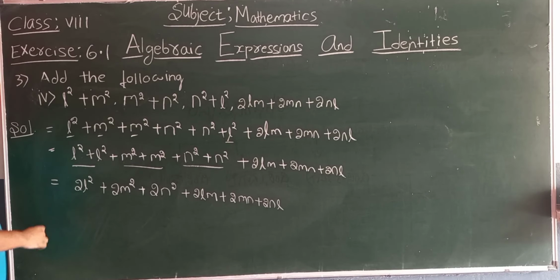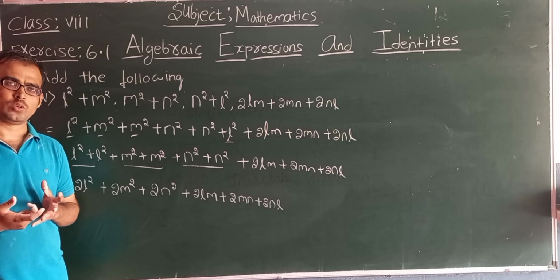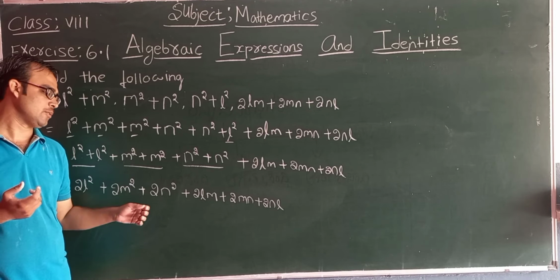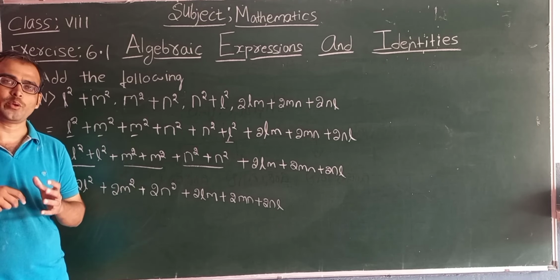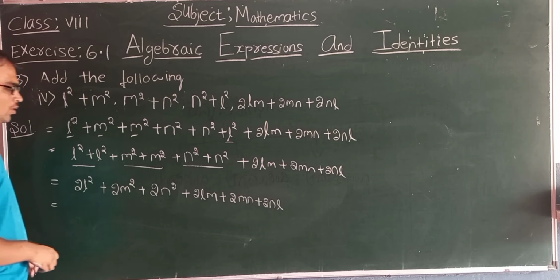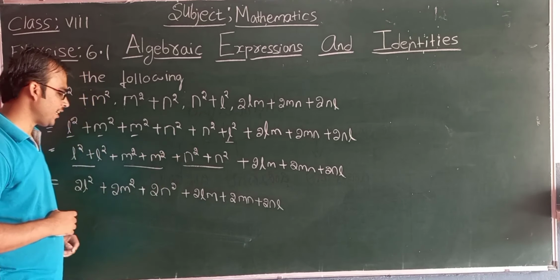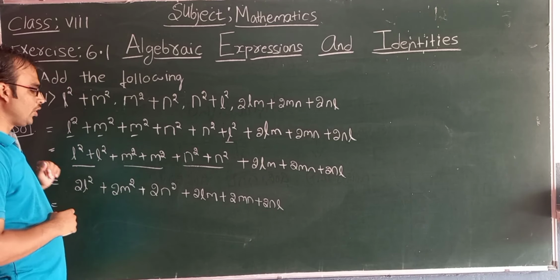Now students, you can end this problem up to here, or if you want, you can end this problem with one more step. Look here, all the terms contain 2.